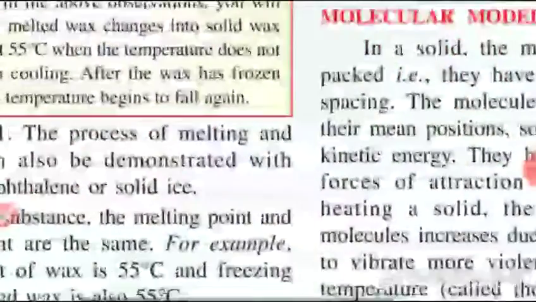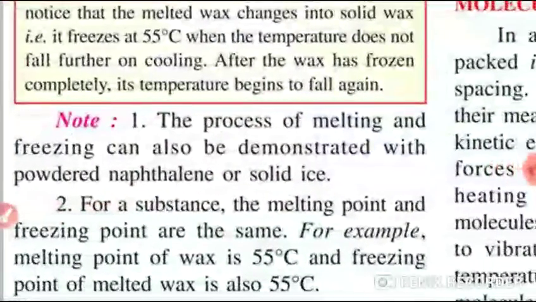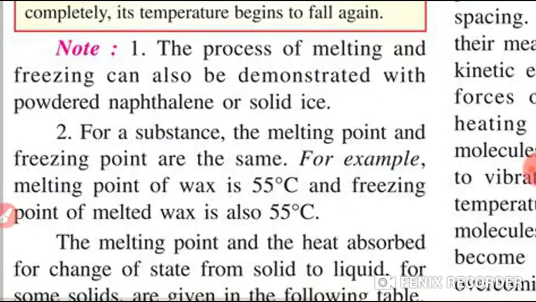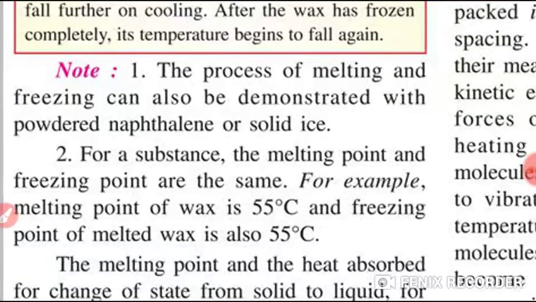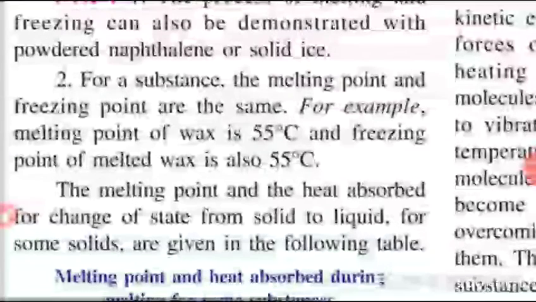Okay, students. Now we note two things: the process of melting and freezing can also be demonstrated with powdered naphthalene or solid ice. For a substance, the melting point and the freezing point are the same.